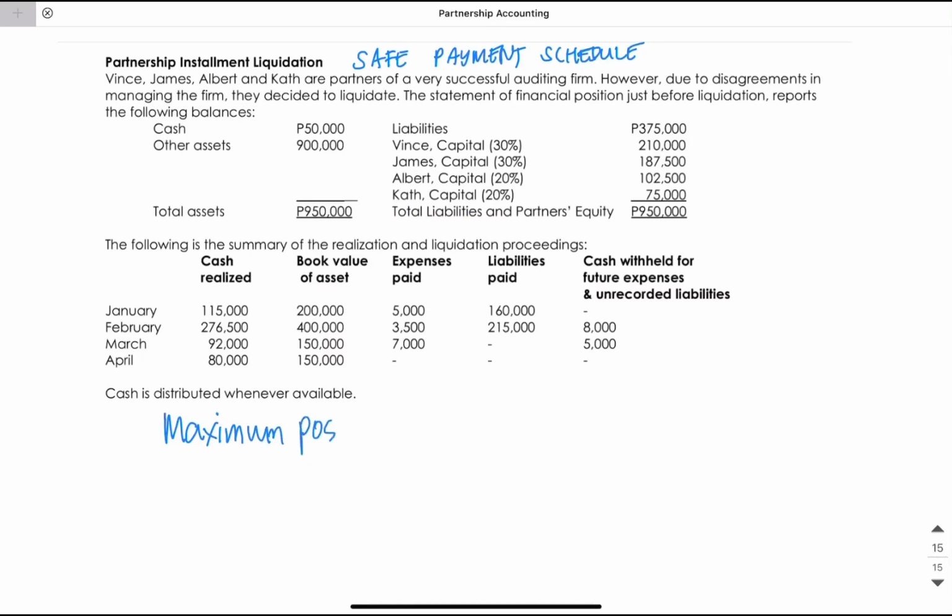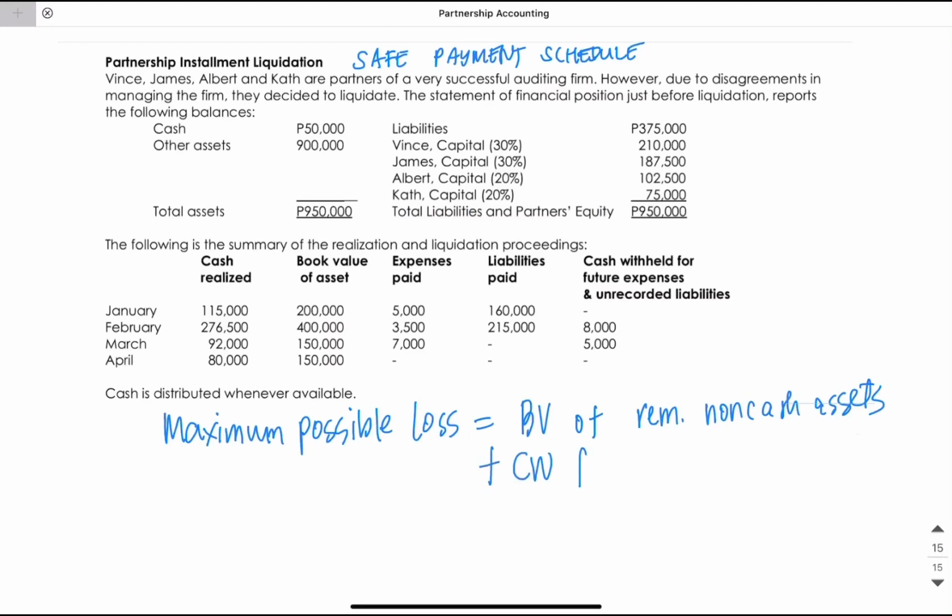Okay, so maximum possible loss is the sum of the book value of remaining non-cash assets and the cash withheld for future liquidation expenses and unrecorded liabilities.